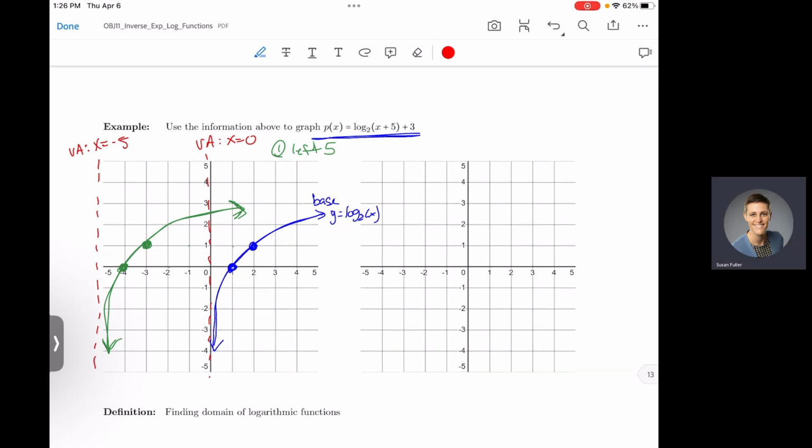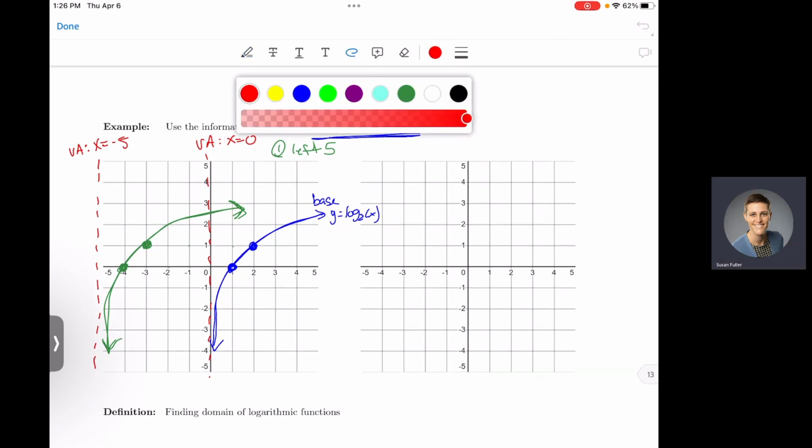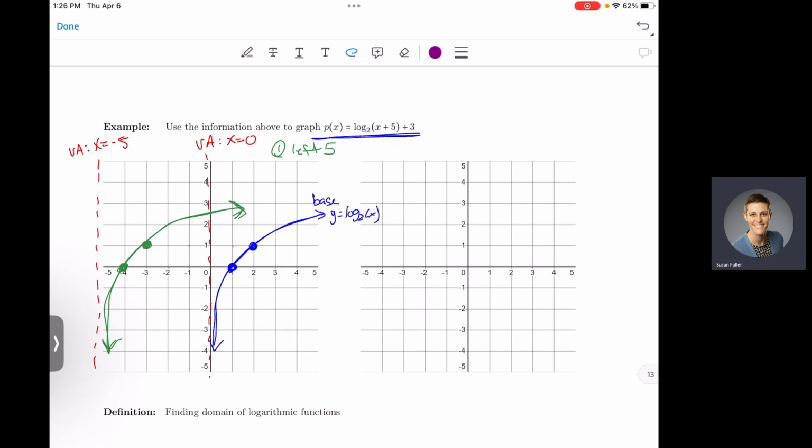And then the last thing that I have to do is shift this thing up 3 units. So I'm going to take each of my points and go up 3 units. 1, 2, 3. 1, 2, 3. And here I have my final graph. And so since that's the last thing that I had to do, I'll put my points in.